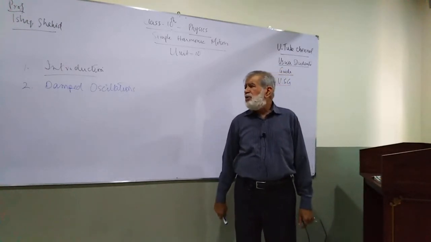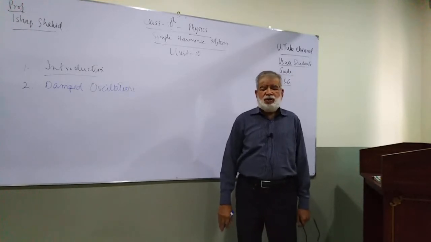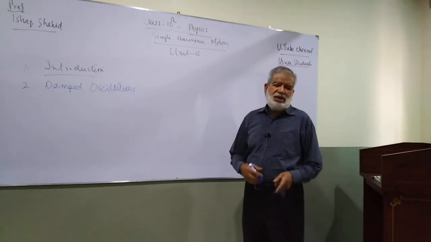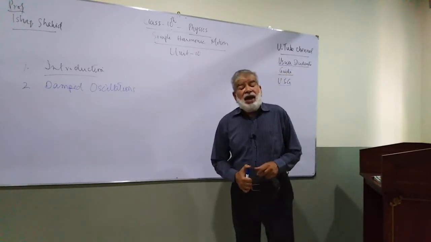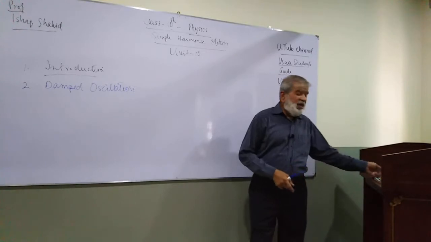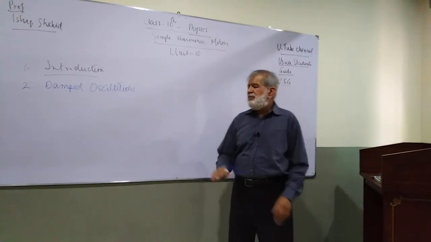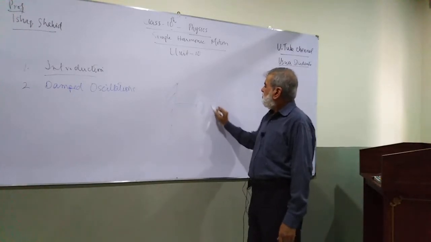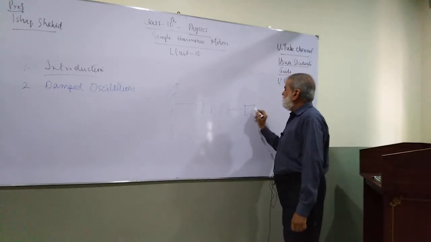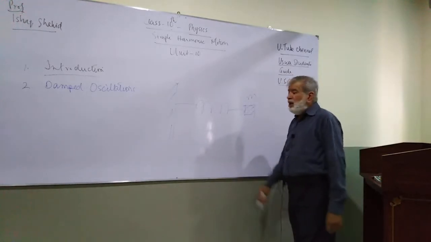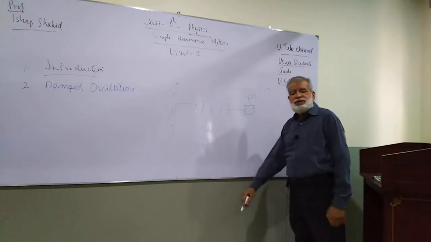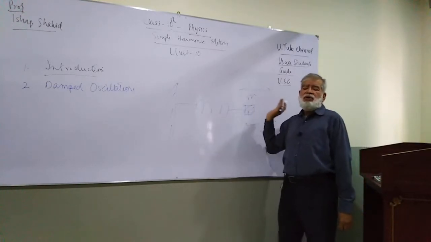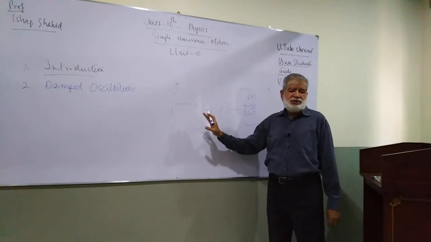Today we shall talk about a topic which is the second topic of this chapter 10, and this deals with damped oscillations. As you know, the mass was attached to a spring, and when it was pulled towards the right through a displacement x, it kept on vibrating about its mean position.